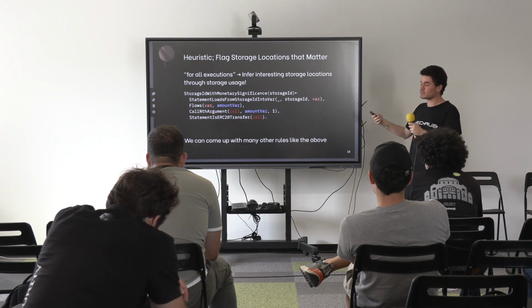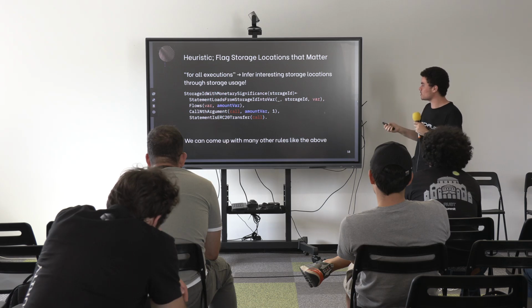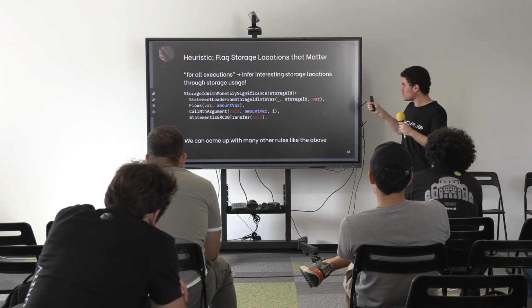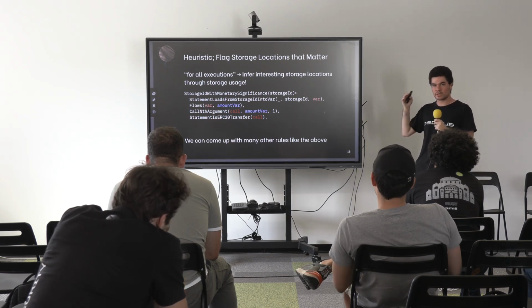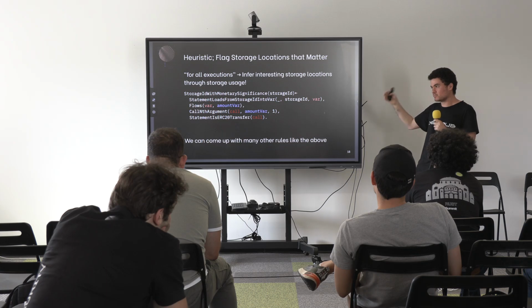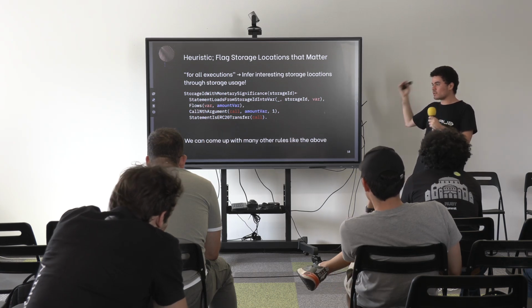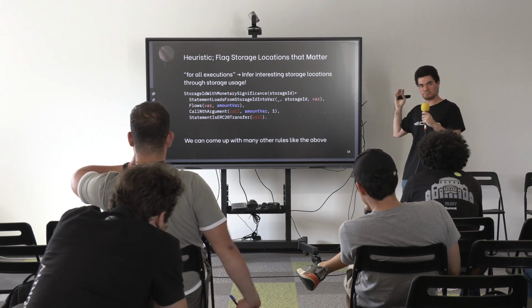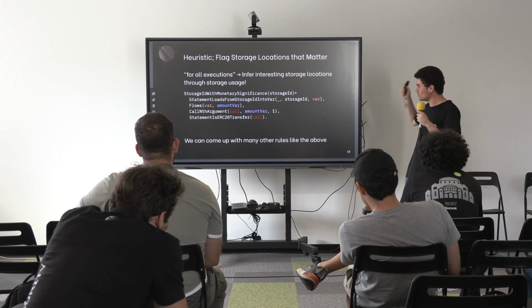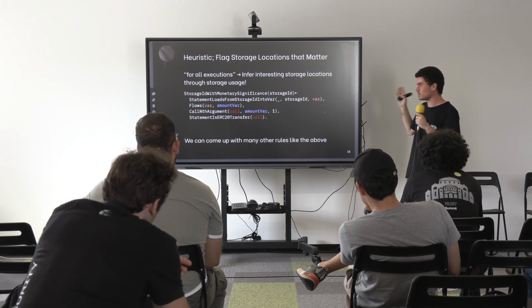So it is a sensitive one, and one we should care about. We can come up with many heuristics like the above. So for instance, we can talk about arguments of withdrawals or redemptions. All those arguments are monetary significant. So we could be flagging multiple storage locations.